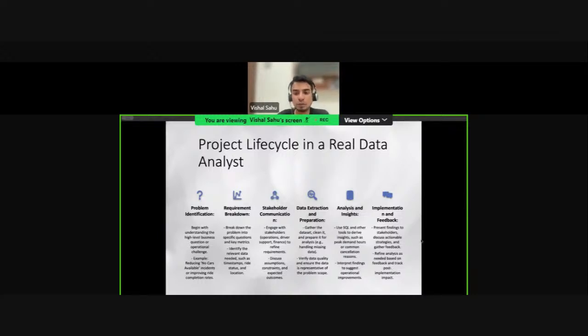Okay, so moving to the next step, that is analysis and insight. If you have noticed, till now we haven't come to SQL yet. And that is the reality of a real data analyst, the day-to-day work that we do.